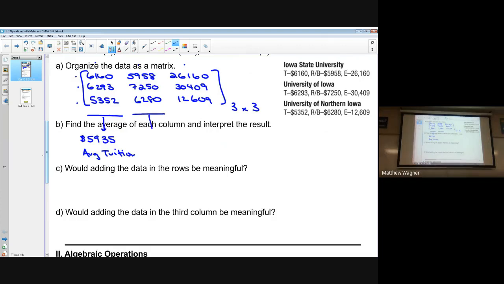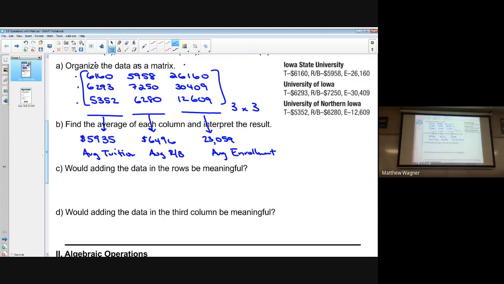If I average the second column, I get 6,496. What is the average of the second column? That's the average R&B, or room and board. And then the third column, if we find the average, we get 23,059. If we interpret, this would be the average enrollment, not in the entire state of Iowa, but the average enrollment across those 3 schools.